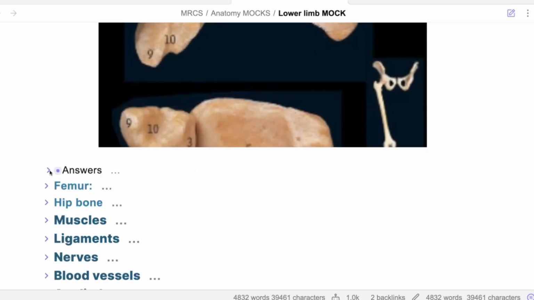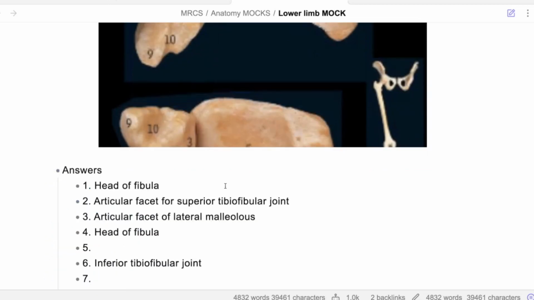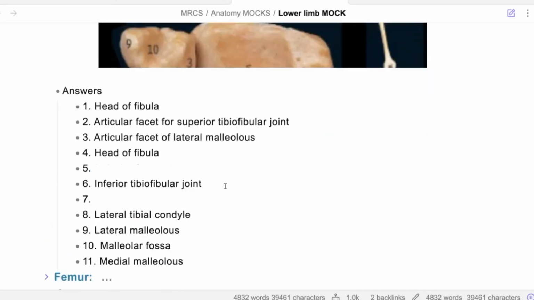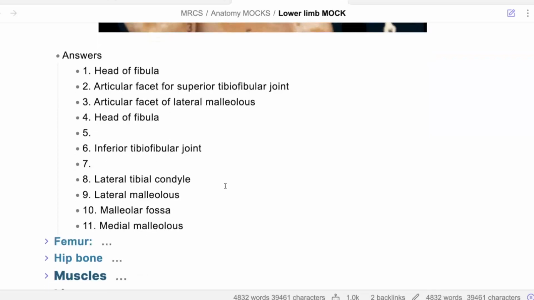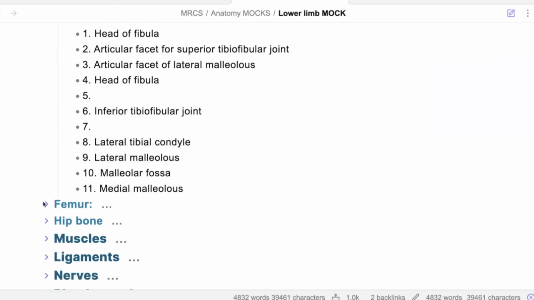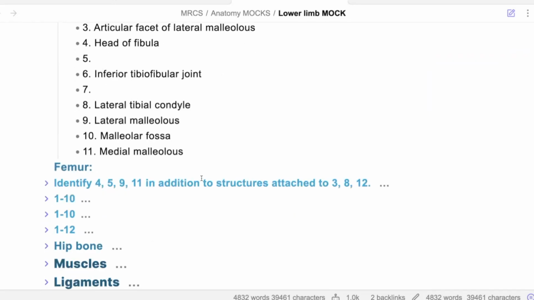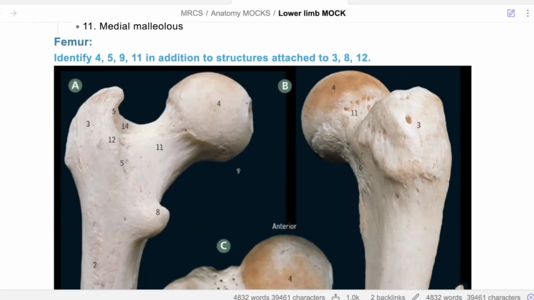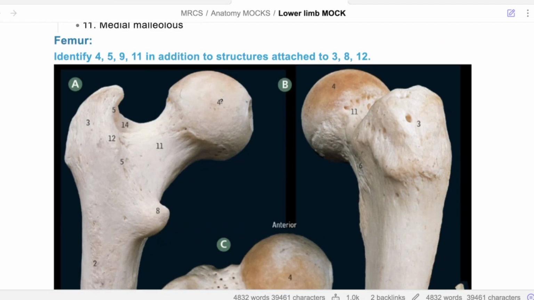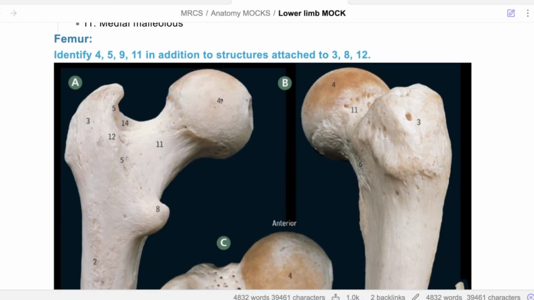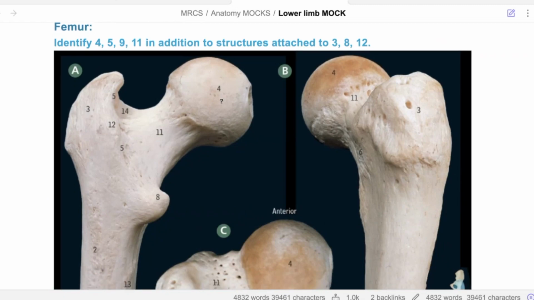Okay, sounds good. Let me just check if we missed anything. I think pretty much okay. Quite quickly, we're going to do the femur. So what is 4? This is the posterior surface, so this is the right femur.